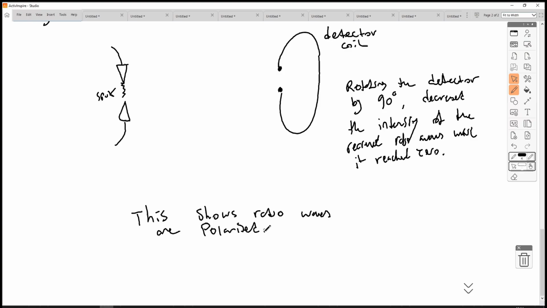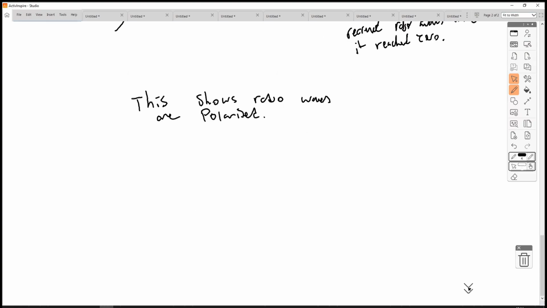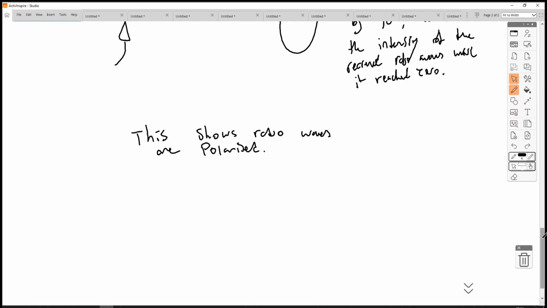And if radio waves are polarized, then they must be transverse, because polarization is only a property of transverse waves. So they must be transverse.